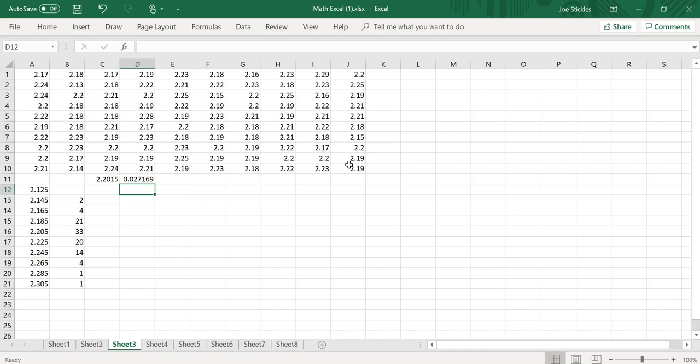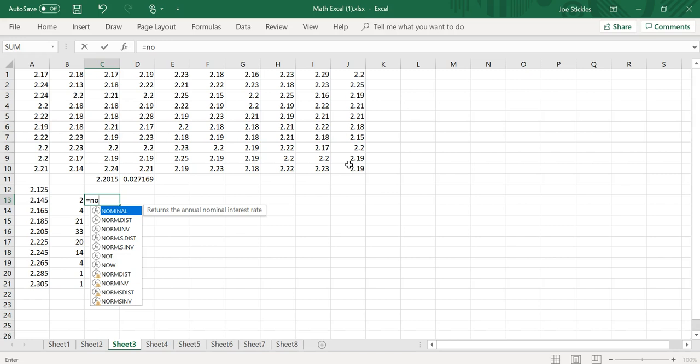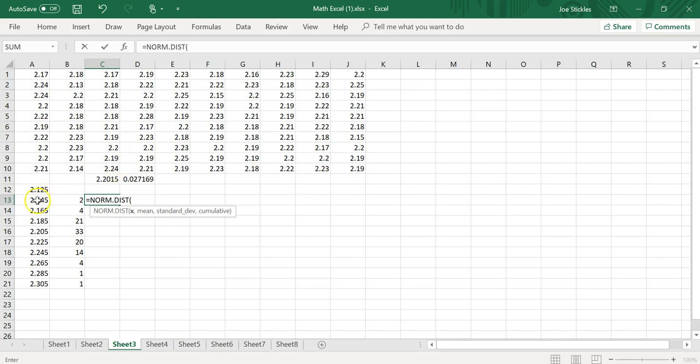For our purposes with the normal distribution, I want probabilities, so NORM.DIST. The x value that I want is over there in A13.